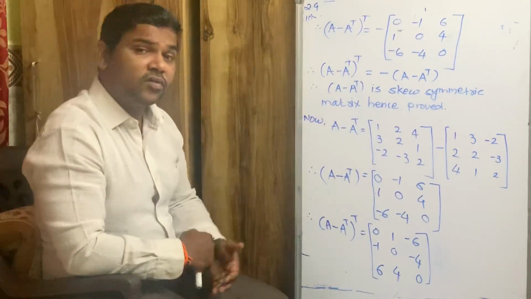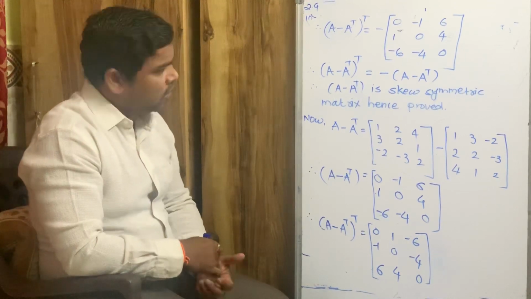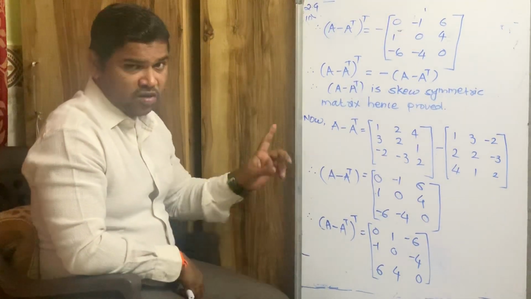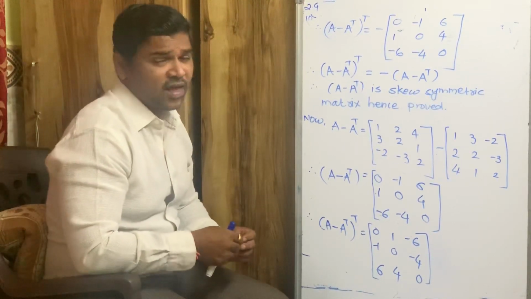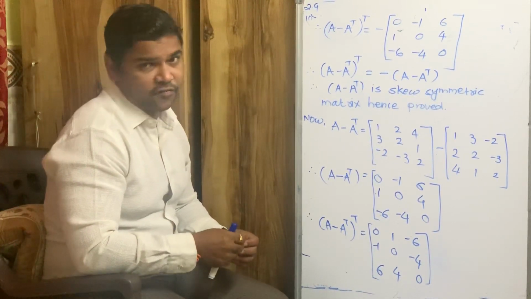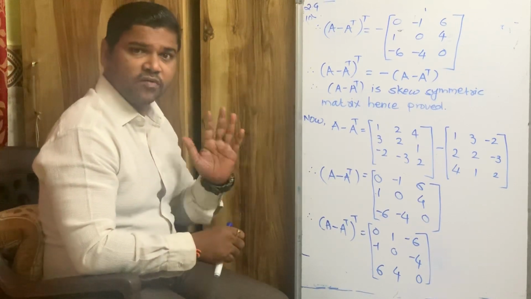That means it is a skew symmetric matrix. Are you getting it? There is one more question in question number 10, sub question number 2. You can solve it on your own the same way, just the elements are different. The procedure will be the same.